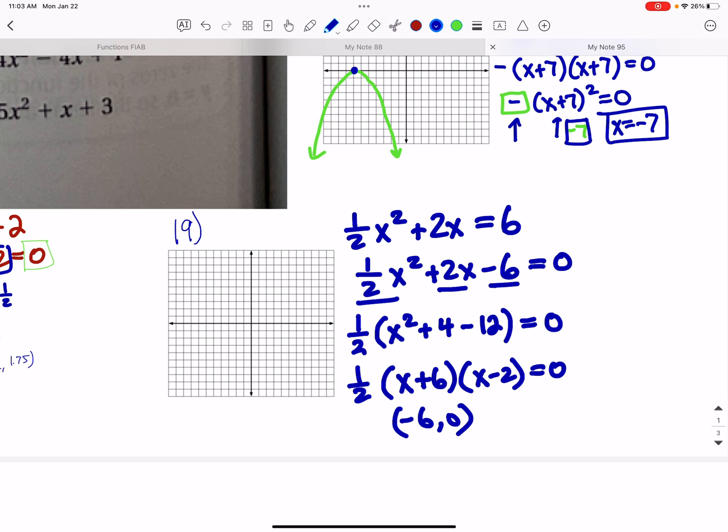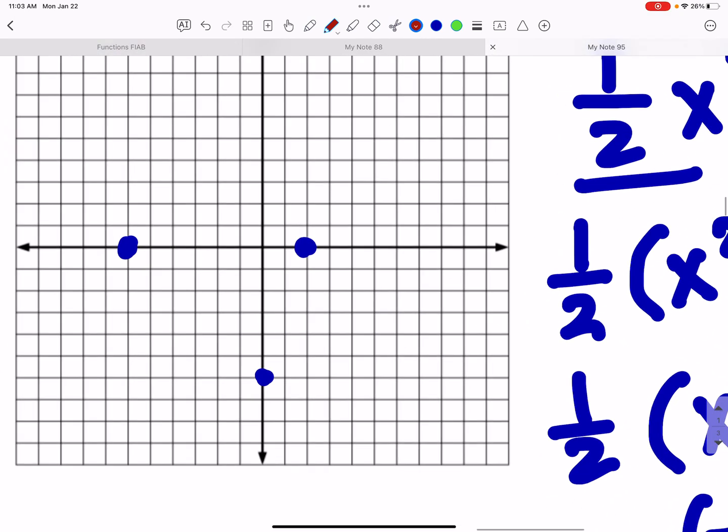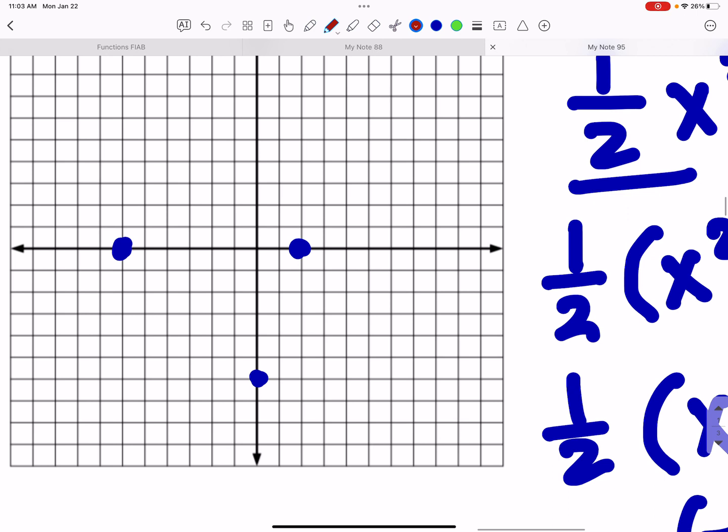Okay, -6, -1, 2, 3, 4, 5, 6, and +2. I also know this thing starts at -6. I know the middle is halfway in between those two points, which would be -2, right there.